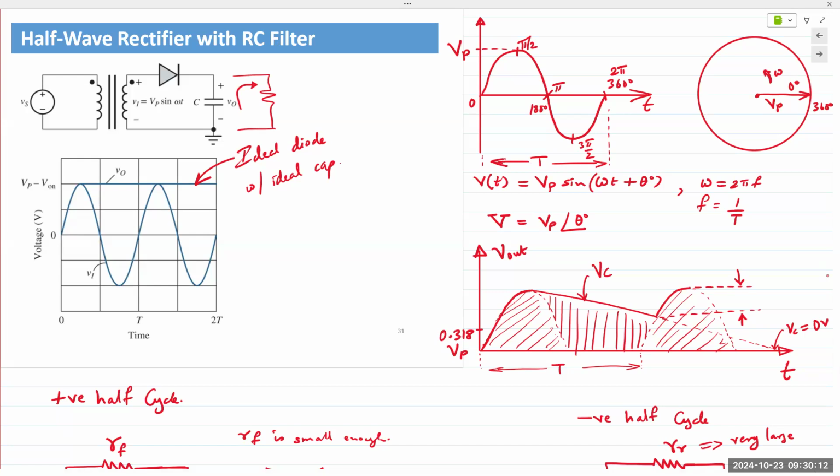If you look at the surface of the ocean from very far off, it looks almost flat. If you look at it closely, you'll see ripples of waves on the surface of the ocean. And hence, this last remaining vestige of the AC waveform is known as the AC ripple.